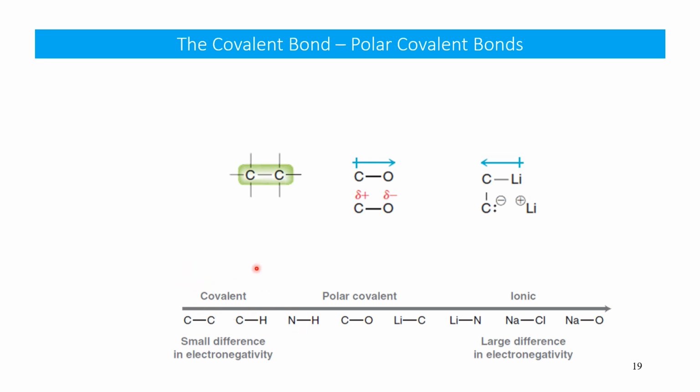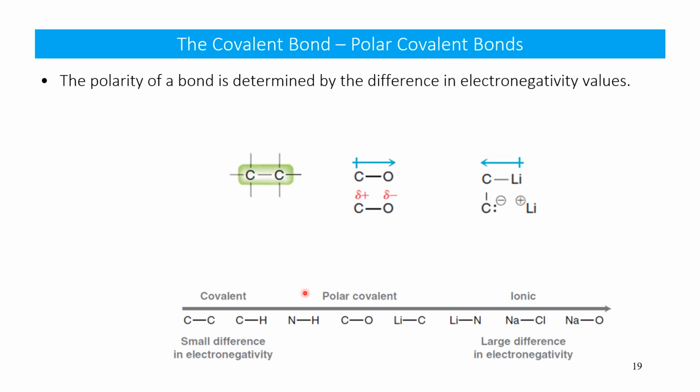When it gets to the extreme, such as the lithium-carbon bond, you now have an ionic bond, or almost an ionic bond. When you get to sodium chloride, then it's a purely ionic bond. So we can state safely that the polarity of a bond is determined by the difference in electronegativity.